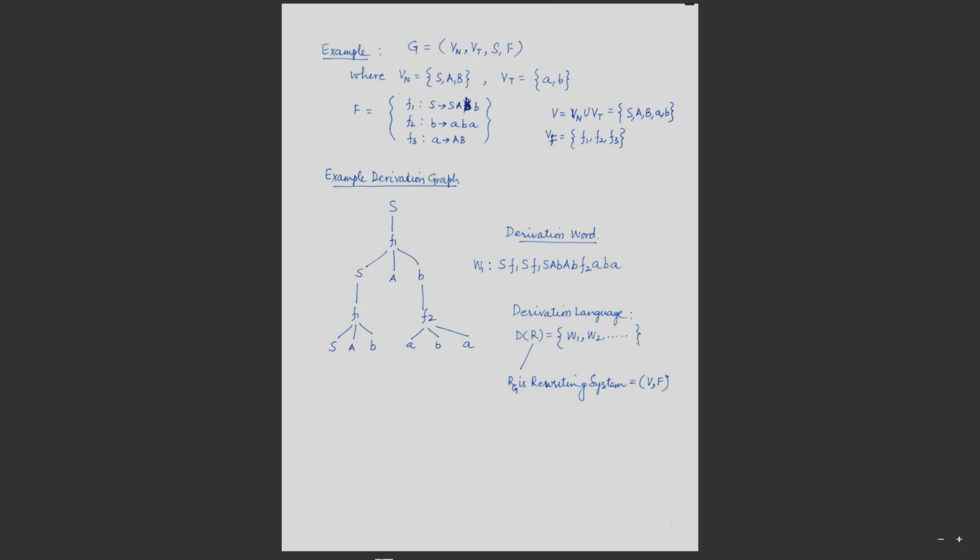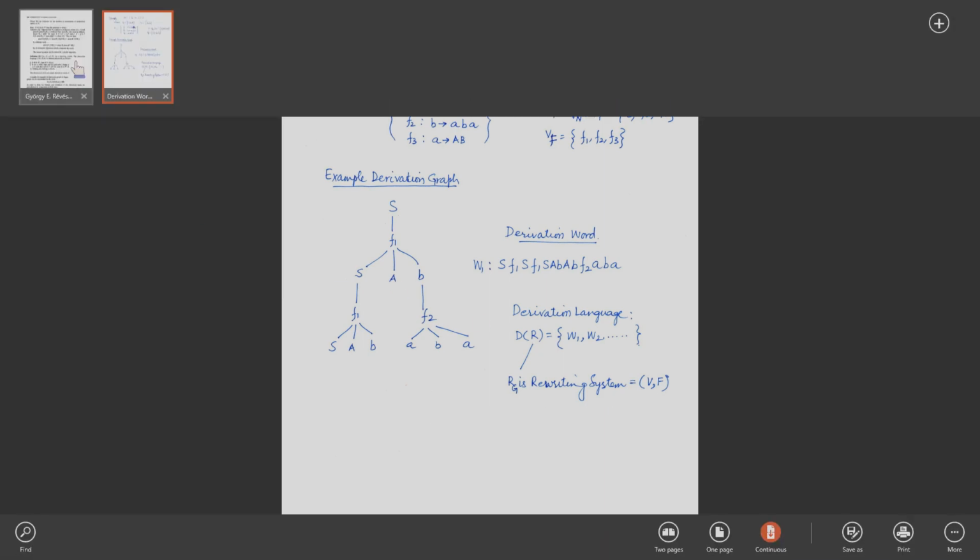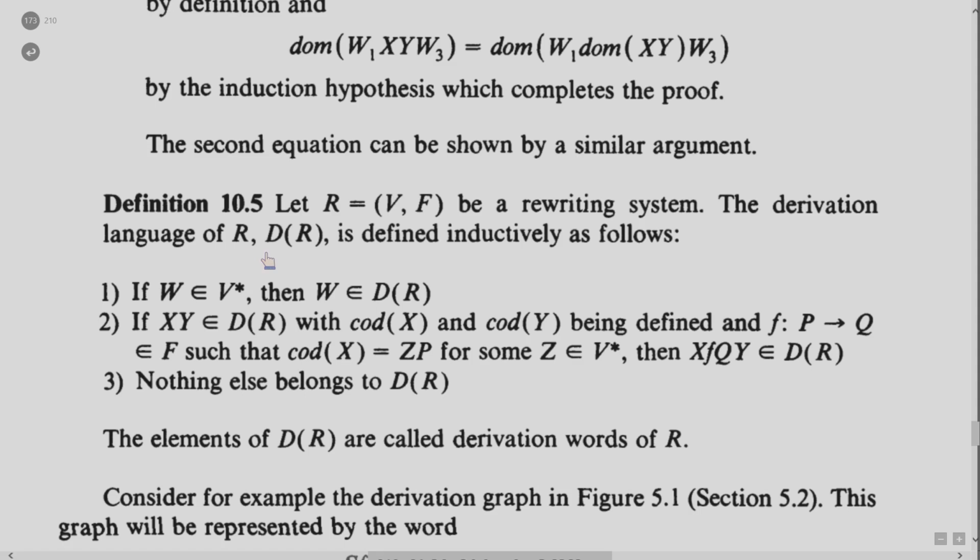Similarly, these productions can be used in a different way, giving a different derivation tree, and that derivation tree will also have an equivalent word. Let us say W2. Similarly, the third derivation tree will have word W3 and so on. So collecting all these W1, W2, W3 etc. gives you the language, the derivation language, and the derivation language is written as D(R), where R is the rewriting system.